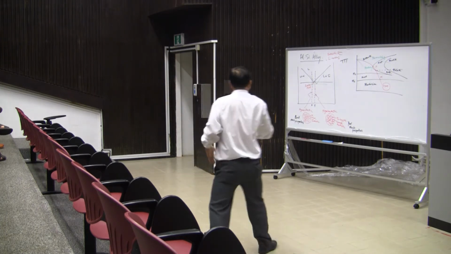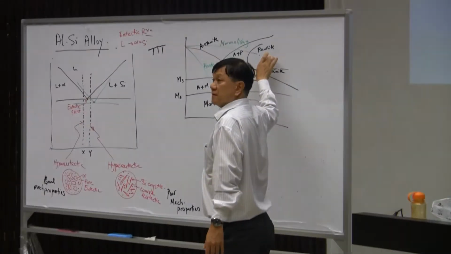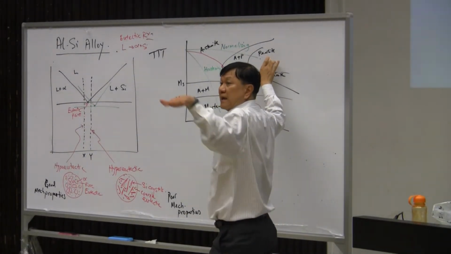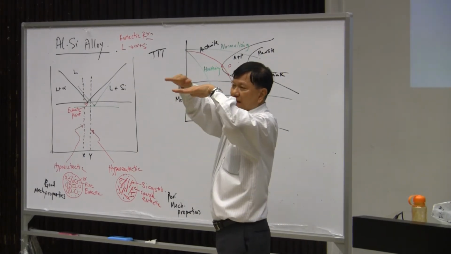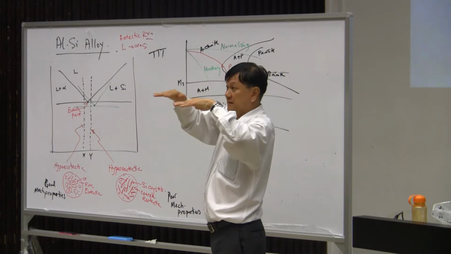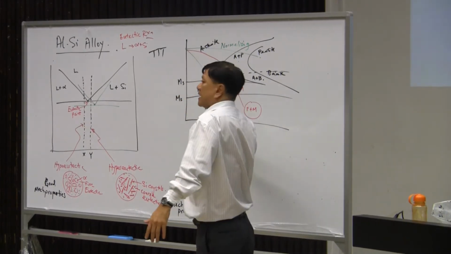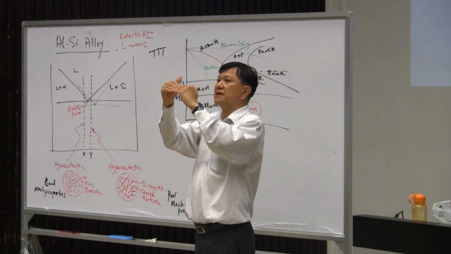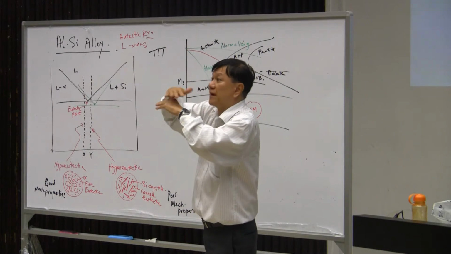So if your cooling rate is very slow, can you see? You will get what? Ferrite, one layer ferrite. That means your austenite is supposed to change to what? Ferrite and cementite at the same time. But if you were to crank it very fast, there is no time. It's supposed to form ferrite and then carbon comes out as what?